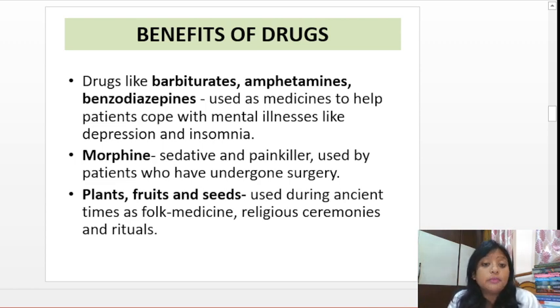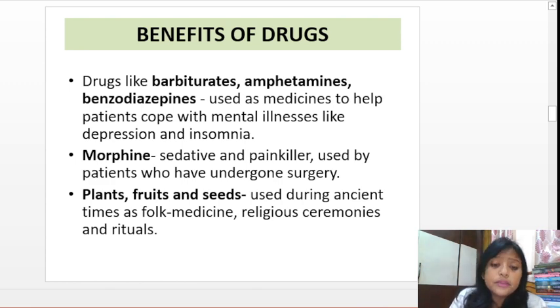Next is morphine, which is used as a sedative and painkiller, and also by patients who have undergone surgery, because they will not feel the pain. They feel sleepy, as I've already told about morphine.